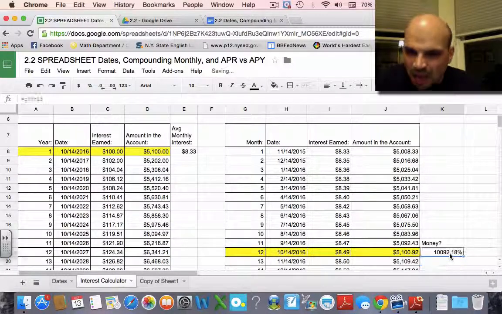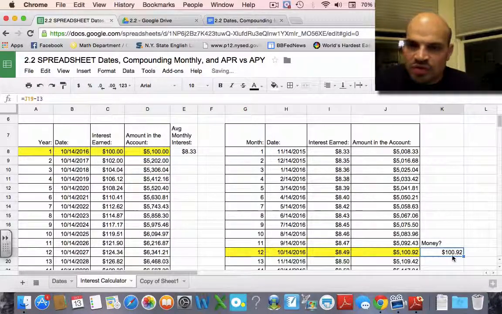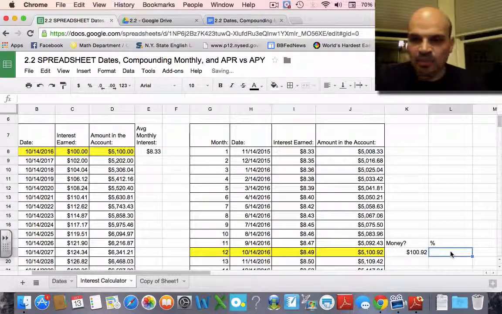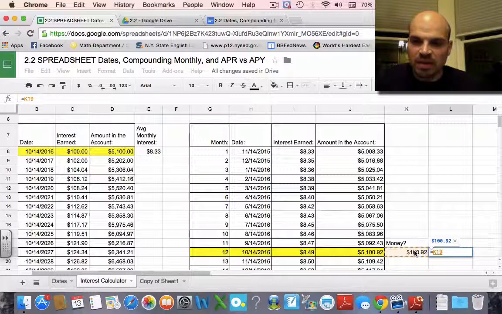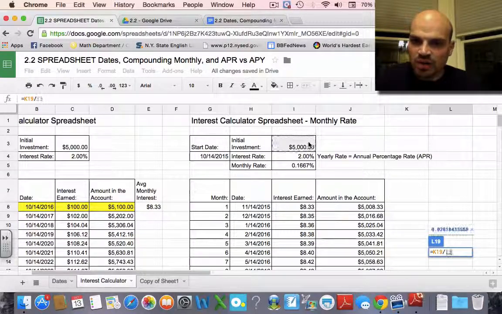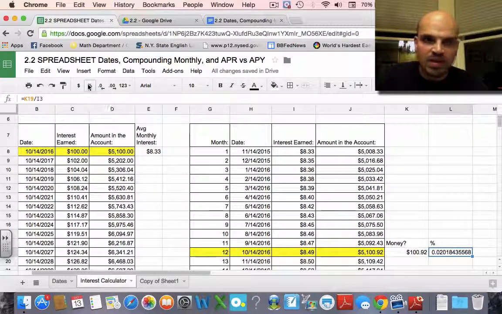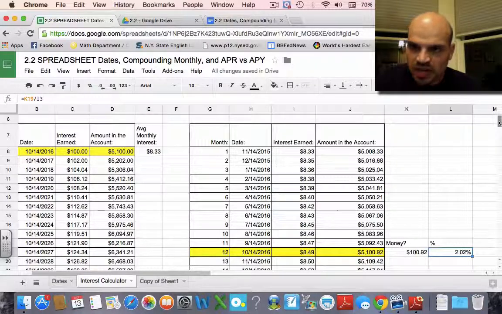I don't actually want this displayed as a percent. This should be a money amount. I made $100.92. Now, what percentage is that? Well, I could take the amount of money that I made and divide it by the amount of money I started with. And if I make this into a percent, this is actually 2.02%.